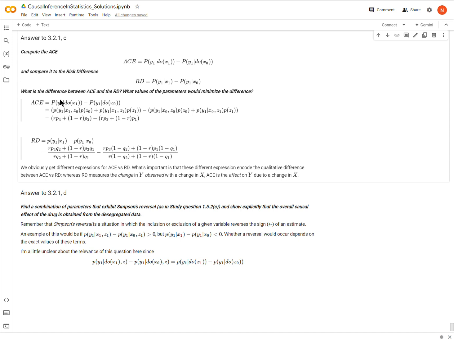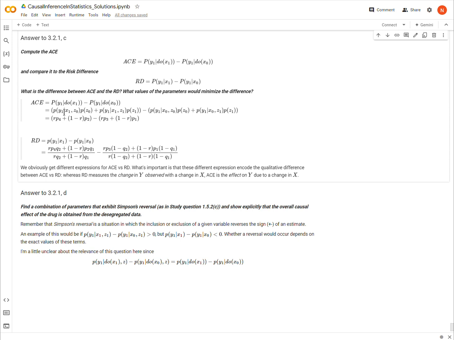All right. So I've worked these out. Here we have the ACE, and you can just see how this gets expanded, right? So for this expression right here, we need to have y1 and x1 over all values of z, so for z naught and for z1.